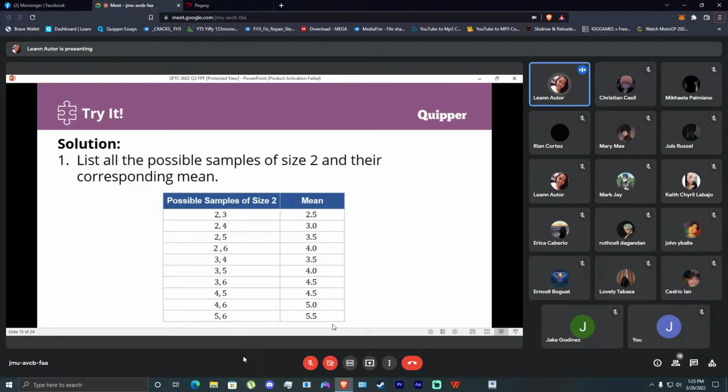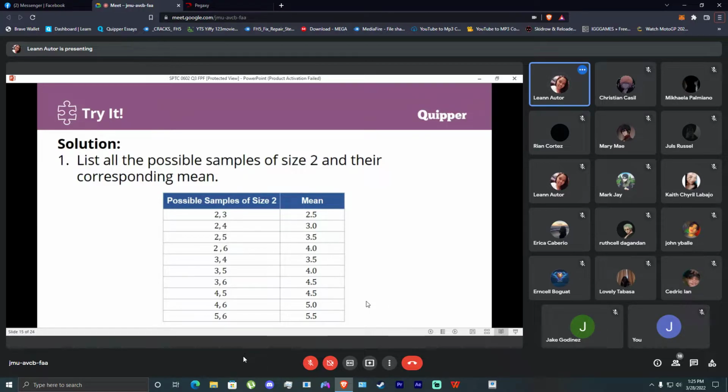So 2 plus 3, that is 5, divided by 2, that is 2.5, and so on and so forth with the rest of the given samples. Okay, that is how you are going to get the mean. So after getting the mean, since this is the instruction in this problem, you're asked to construct the sampling distribution, we already constructed this one.